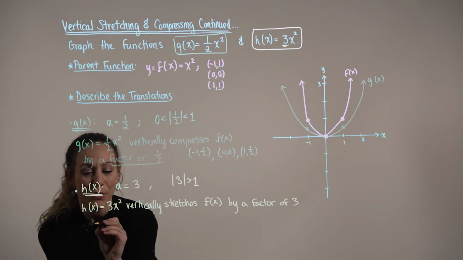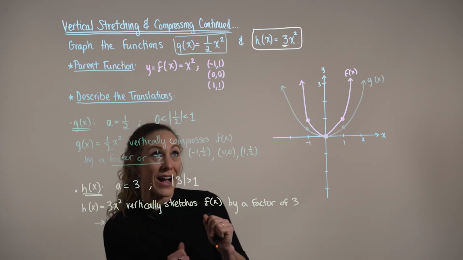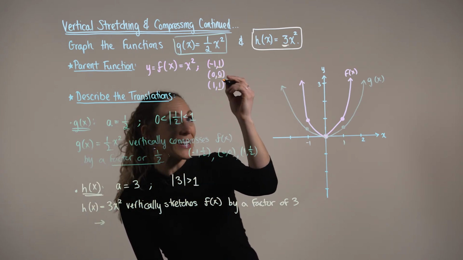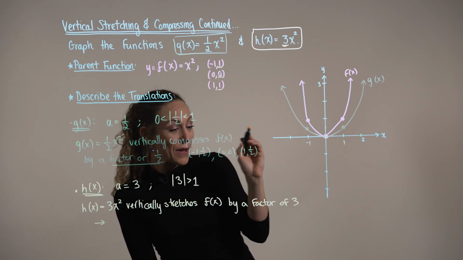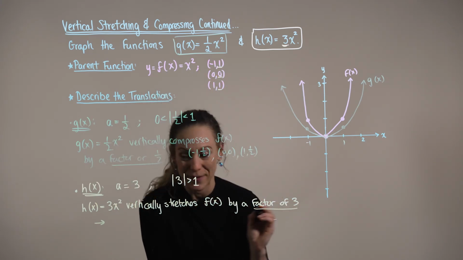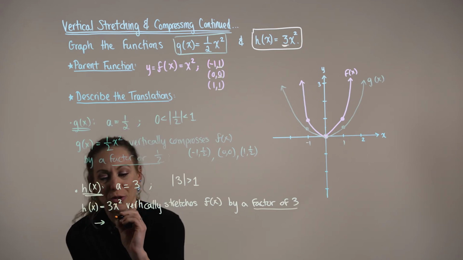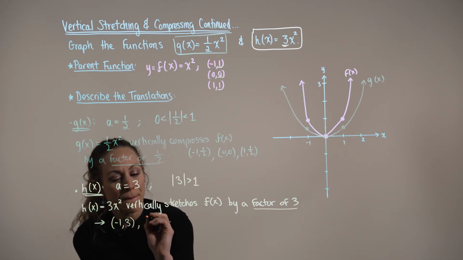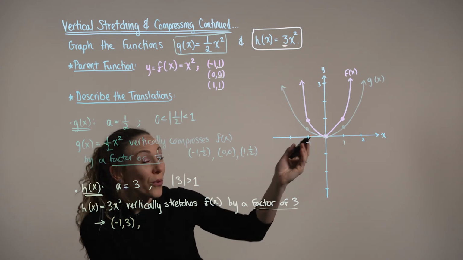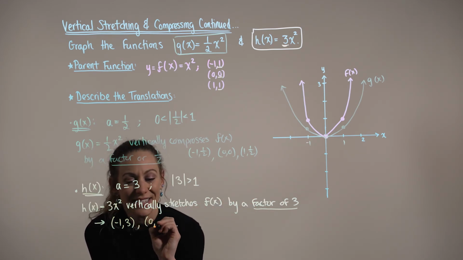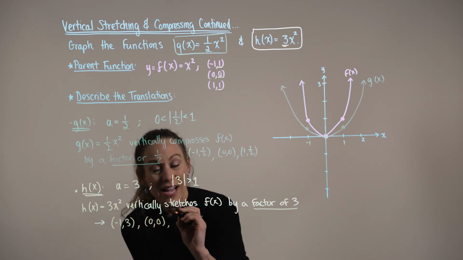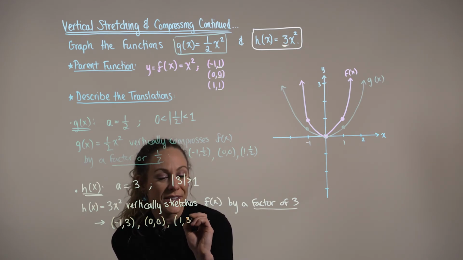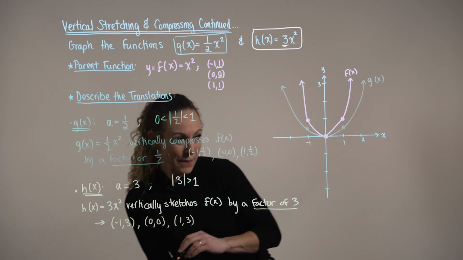And again, in order to sketch a nice accurate graph here, we want to consider multiplying the y-coordinates of our parent function by this factor of 3, producing 3 new solution points: -1, positive 3. Now again, our vertex or origin here is going to remain as it is, 0, 0. And then last but not least, we have the third ordered pair, +1, positive 3.